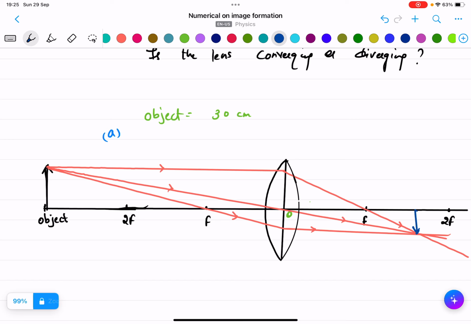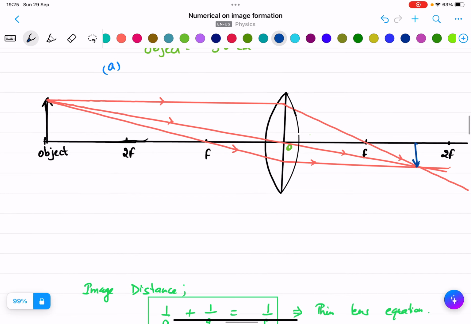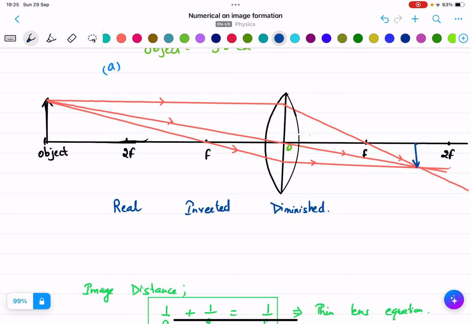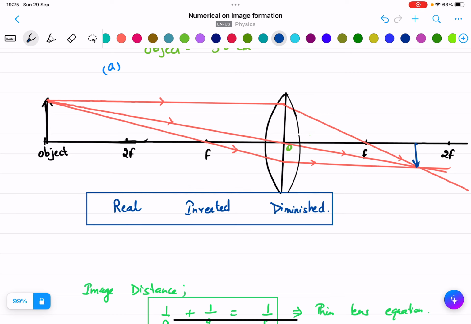You all know, I have explained, if I need to describe this image, this image will be real, inverted, diminished, because you can clearly see the image is smaller than the object. This is the description of the image.